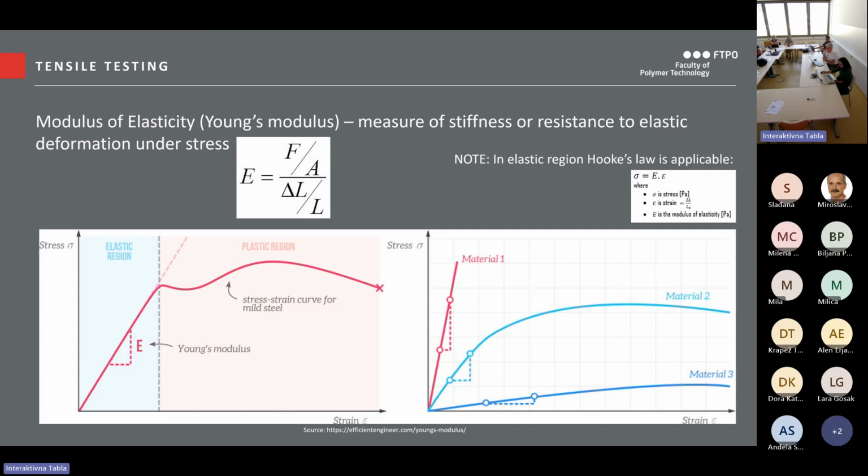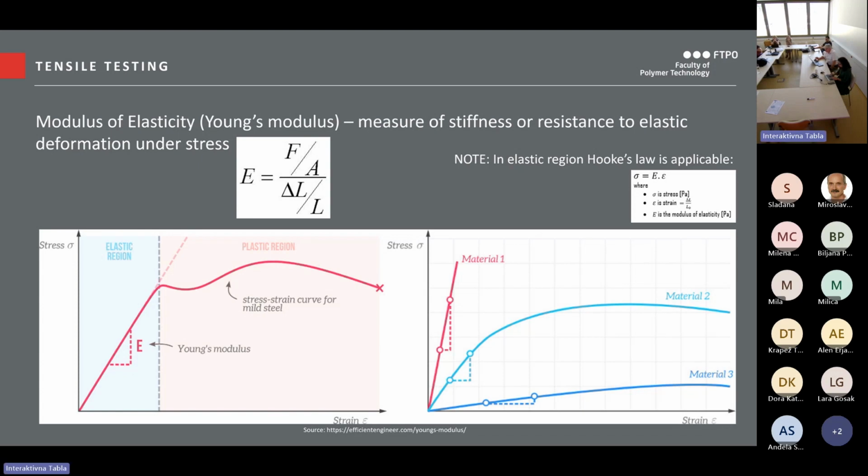We measure modulus of elasticity in the elastic region, which for polymers is defined by the standard up to 0.5% of elongation. This is also the region where Hooke's law is applicable, which tells us that stress is modulus times strain.